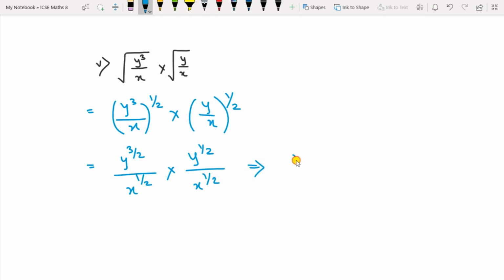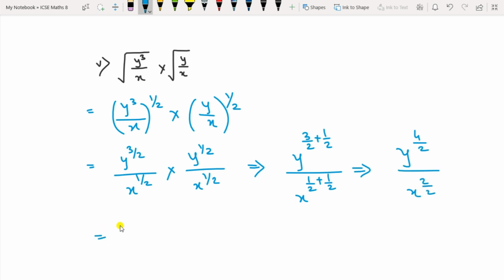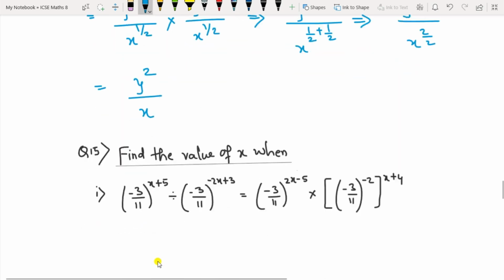So this becomes y raised to, now the base is same and it is multiplication, so power will get added, 3 by 2 plus 1 by 2 upon x raised to 1 by 2 plus 1 by 2. So this becomes y raised to 4 by 2 upon x raised to 2 by 2. So this get cancelled, y raised to 2 ones are 2, twos are 4 upon x raised to 1 means x. So that is the answer.